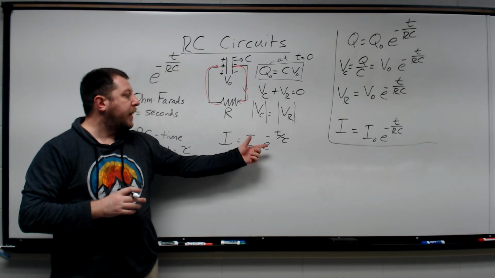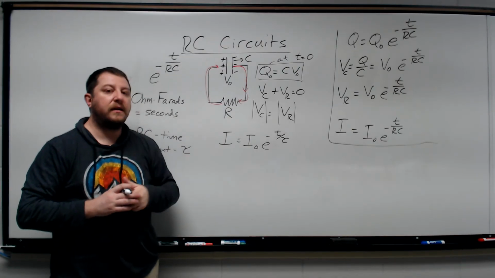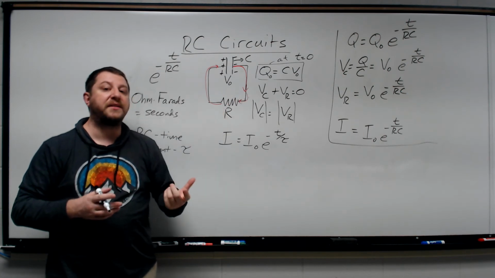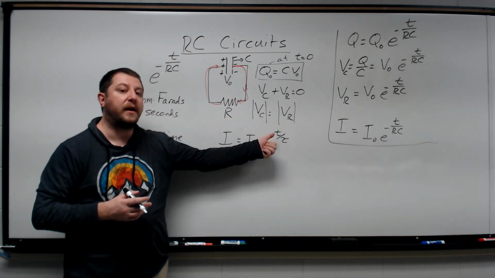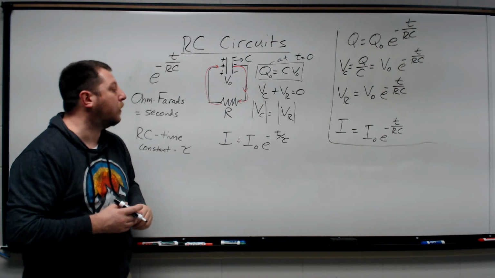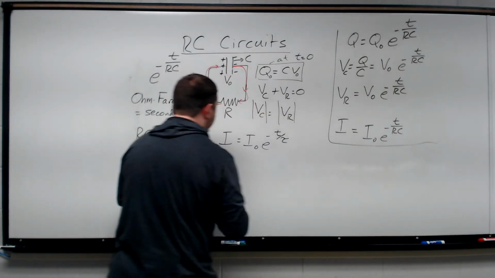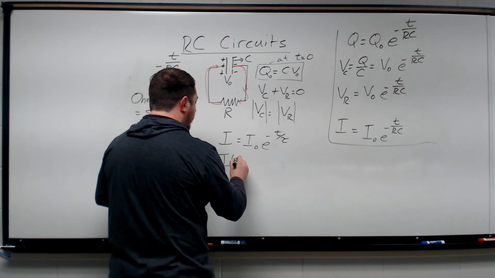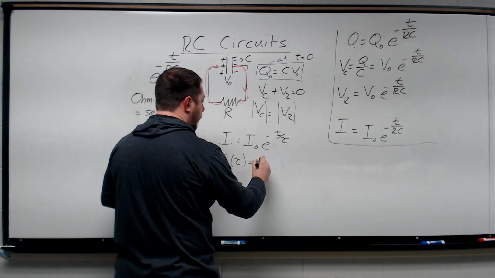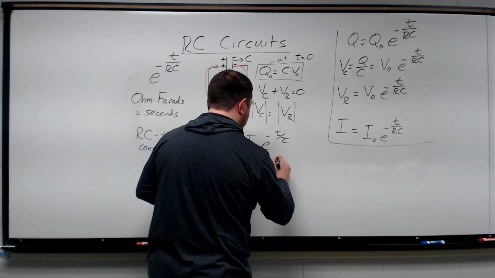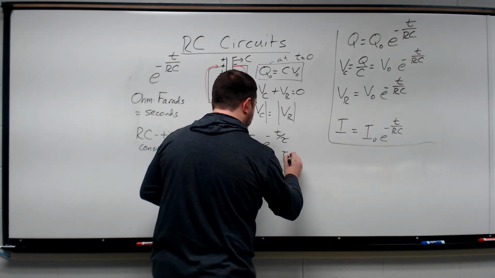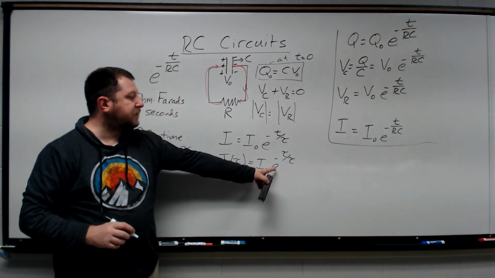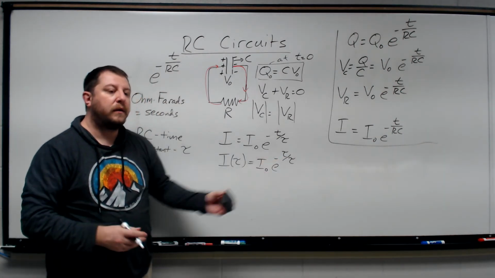Okay, and so if I flip my switch and let my stopwatch go for one time constant such that t equals tau, then since I is a function of time, I would have this, and this is just e to the negative 1, right?